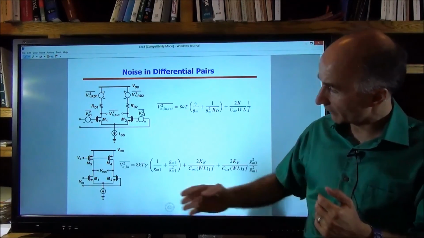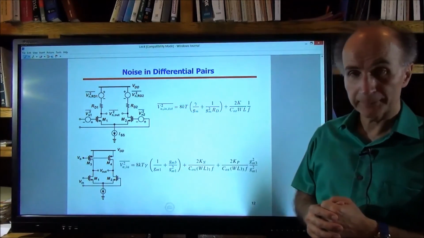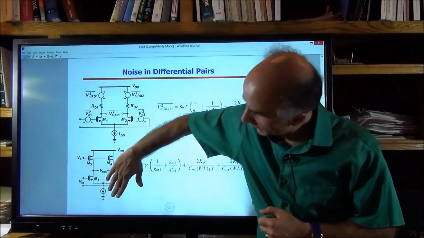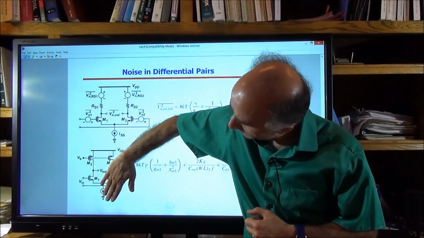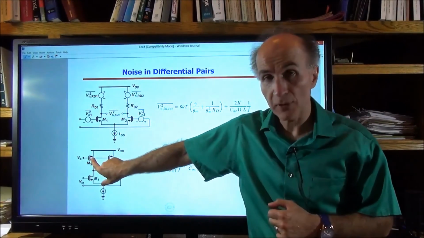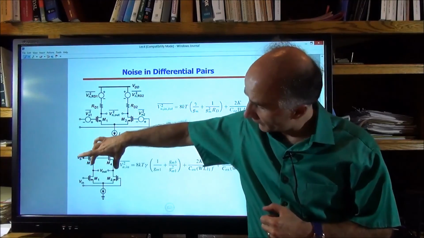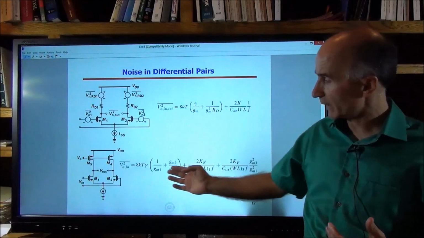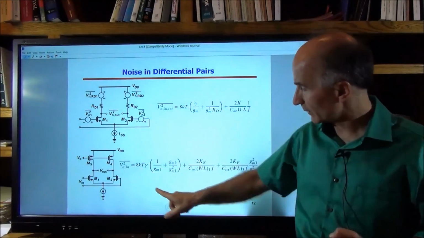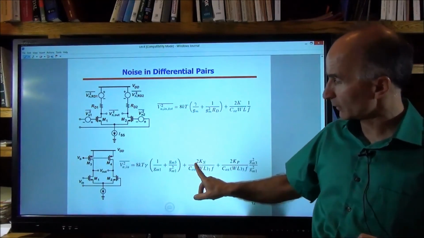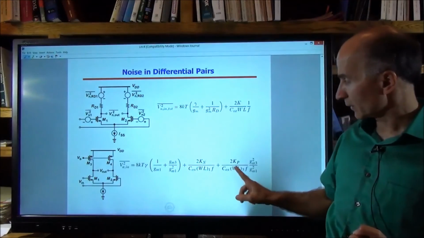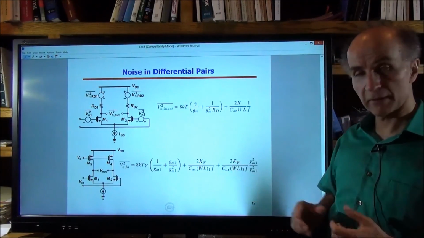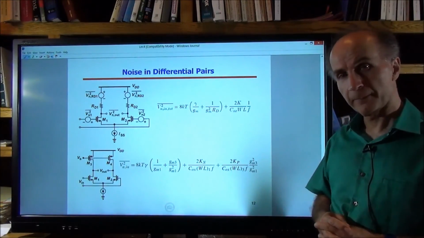So that idea can be applied to this circuit as well. Remember that we found the noise performance of this half, 1 transistor with a current source load. Well, now we have 2 of them, so everything gets doubled. So we go back to what we had before. The thermal noise gets doubled, and the flicker noise gets doubled from the NMOS devices. The flicker noise gets doubled from the PMOS devices, and so on.